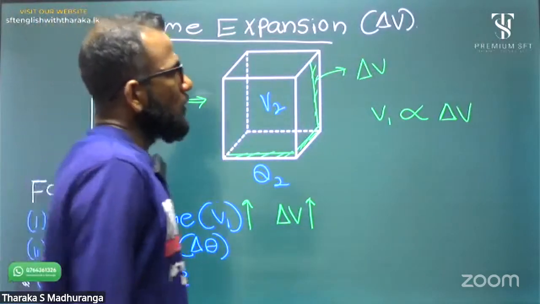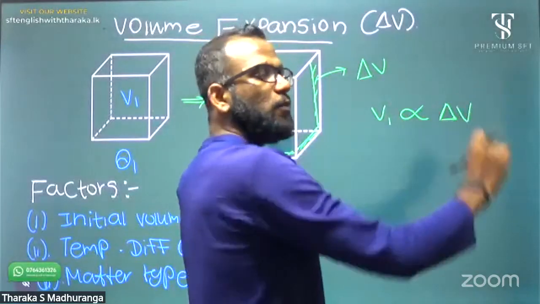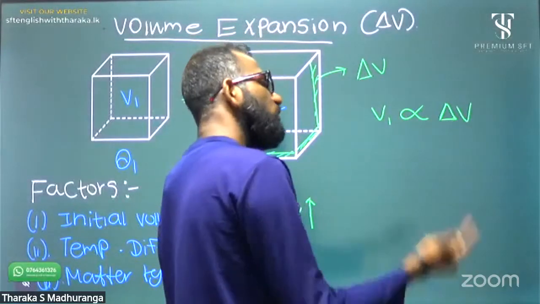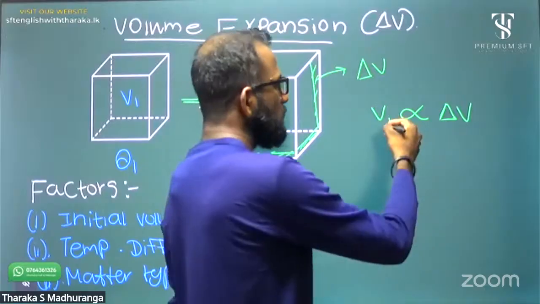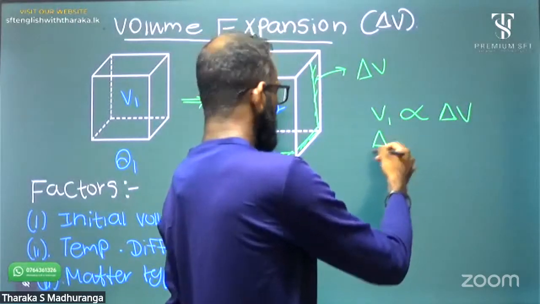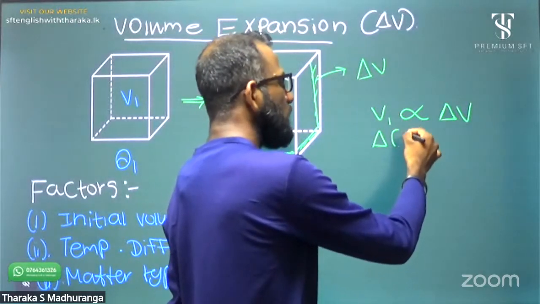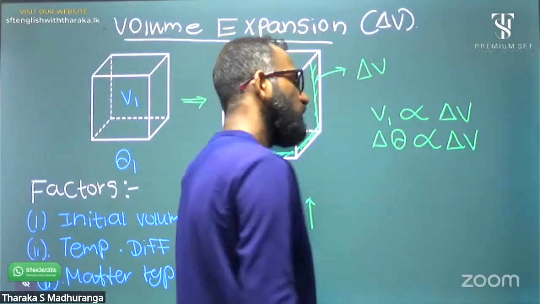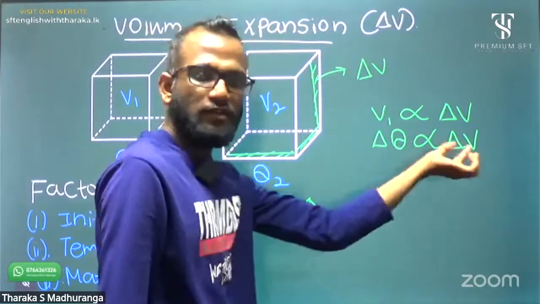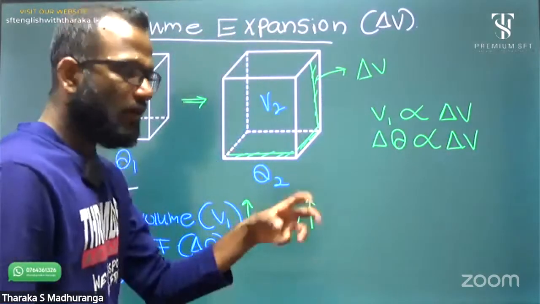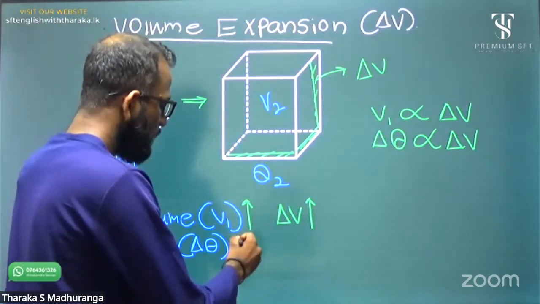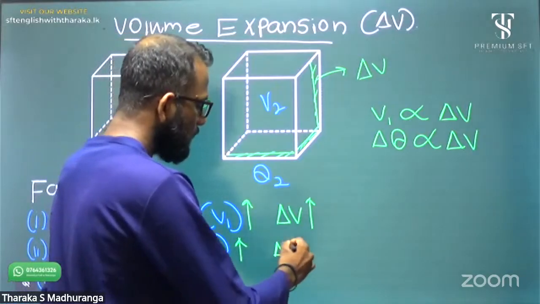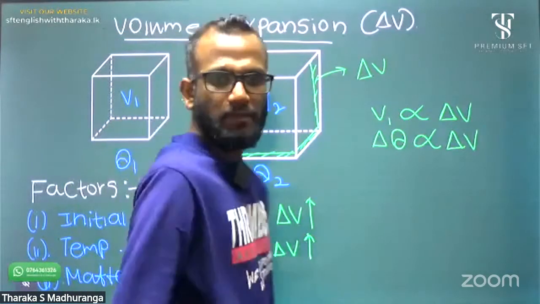Now, it is directly proportional. Temperature difference is also directly proportional to delta V. When the temperature difference increases, delta V is increasing.